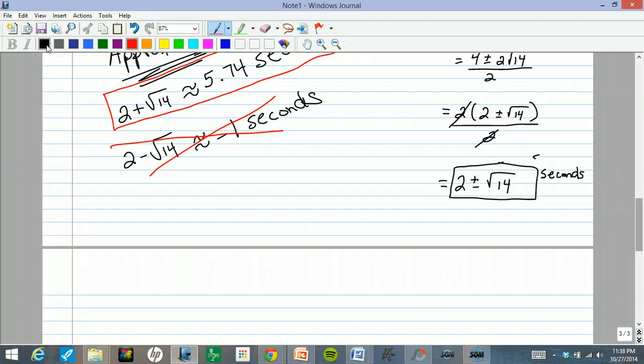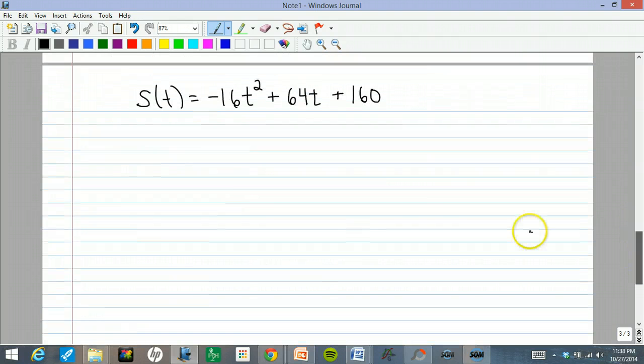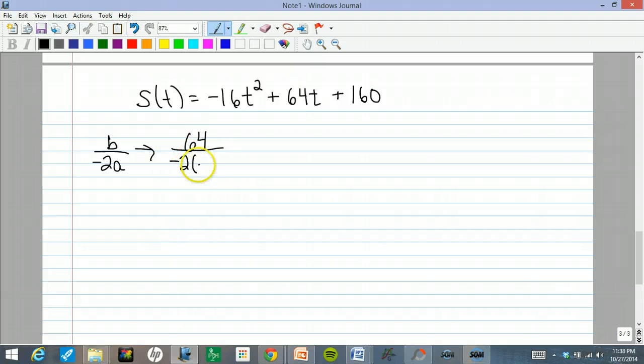So we have this function s of t is negative 16 t squared plus 64 t plus 160. So b divided by negative 2a, which we did prove in class, gives us the axis of symmetry, the x-coordinate of the vertex. 64 divided by negative 2 times negative 16.